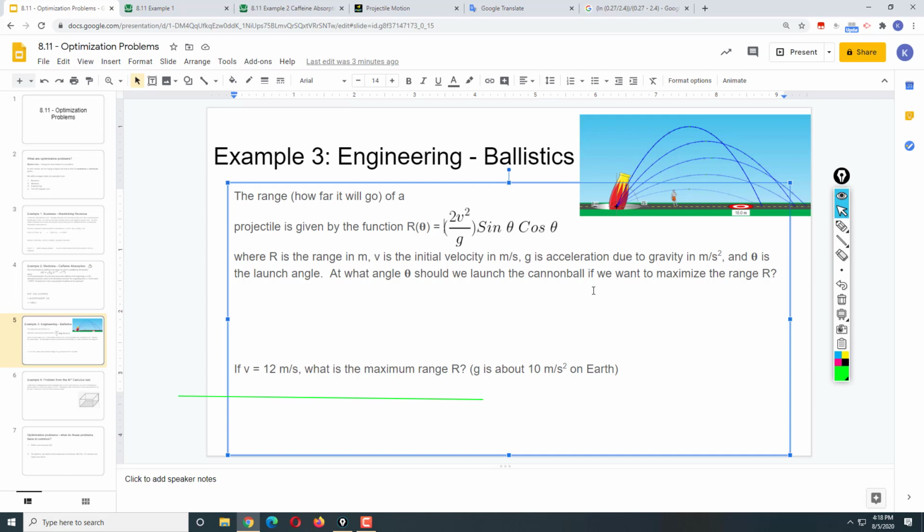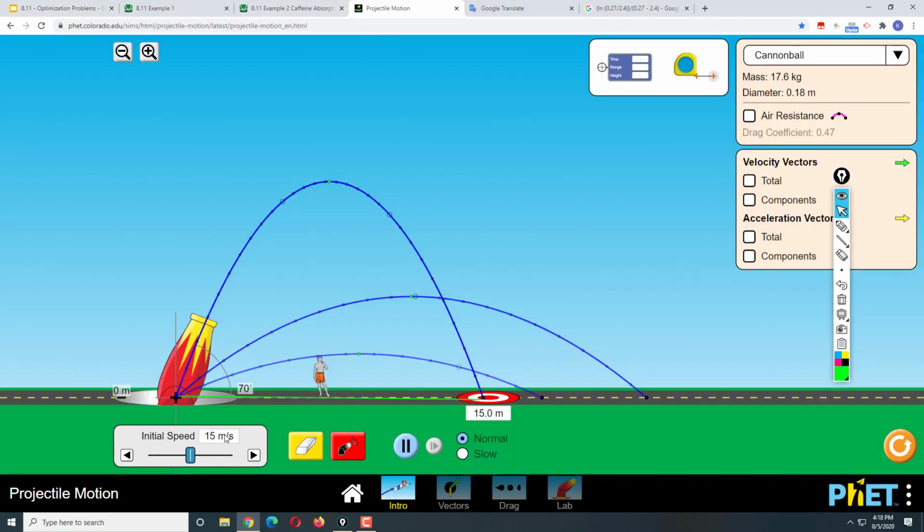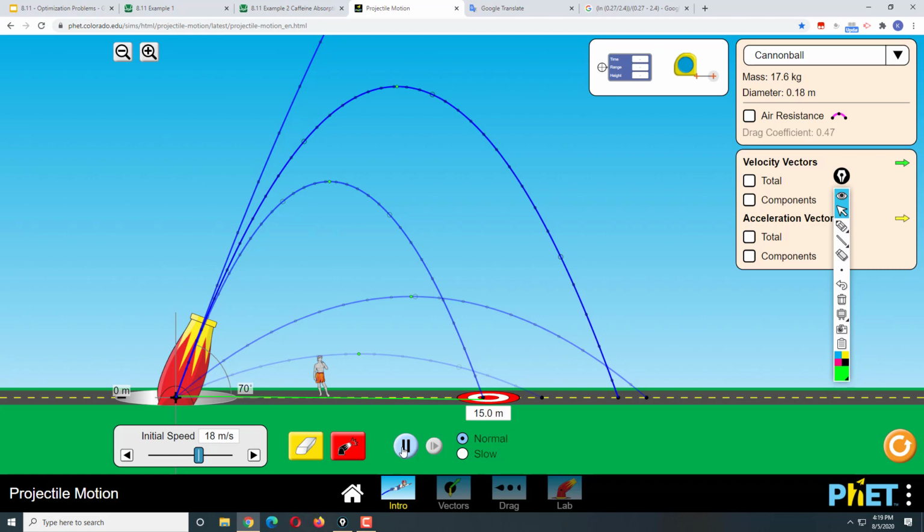R is the range, v is the initial velocity, that's this number, initial speed. Of course, if we make the initial speed bigger, we will go farther. Initial speed bigger means we go farther.